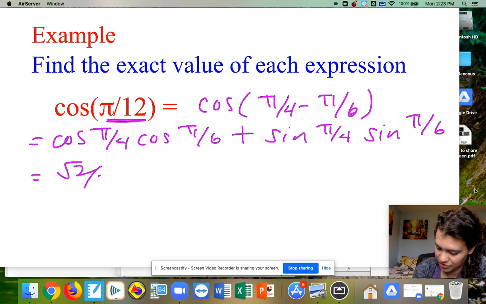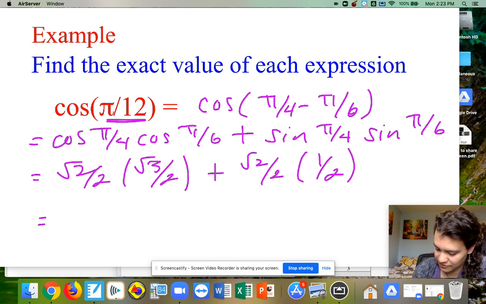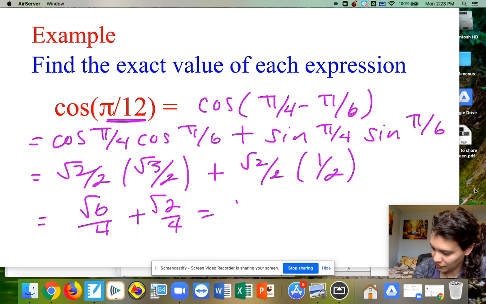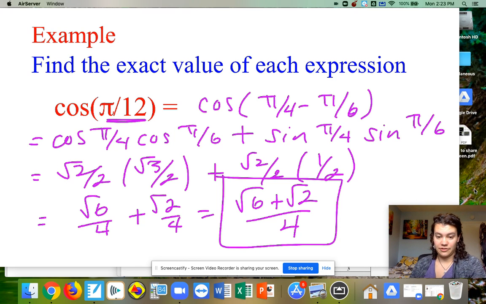So you get root 2 over 2 times root 3 over 2 plus root 2 over 2 times a half, to get root 6 over 4 plus root 2 over 4, or root 6 plus root 2 over 4. And there's your final answer.